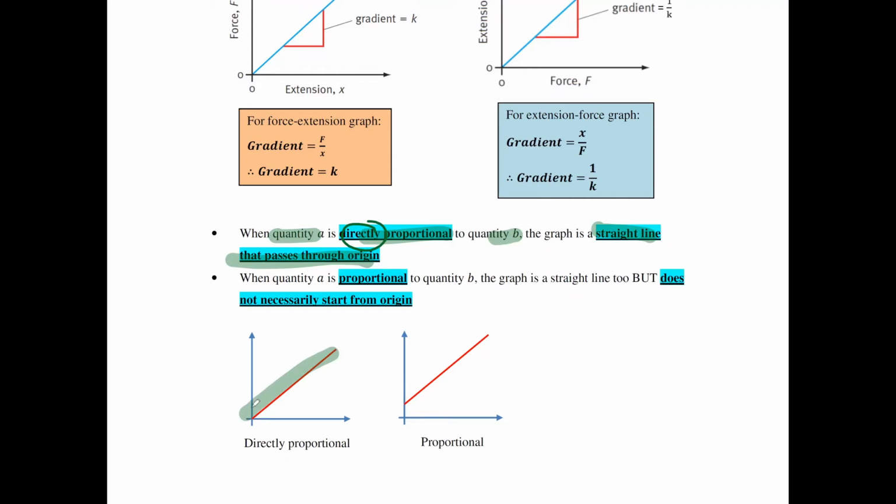Meaning to say it looks like this. If you were to say that a quantity A is proportional to quantity B without the word directly, the graph is also a straight line, but it won't necessarily start from the origin. What I mean by that is something like this. It doesn't start from the origin.